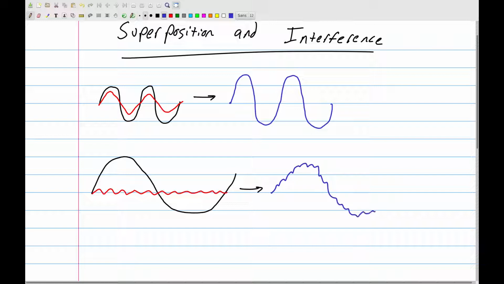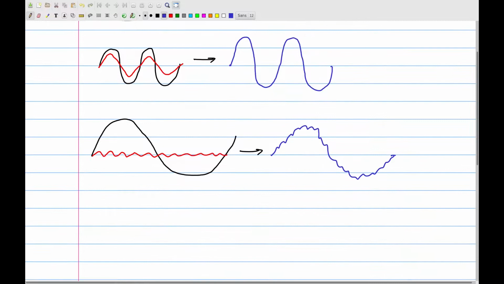And it might end up doing something like this. So all the idea is for superposition is that these waves can overlap, and when they overlap, their positions sort of affect each other. They interact, and if they're going the same way, they make each other bigger. If they're going opposite ways, on the other hand, they might make each other smaller.